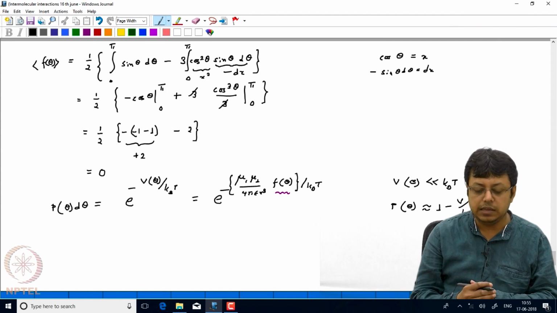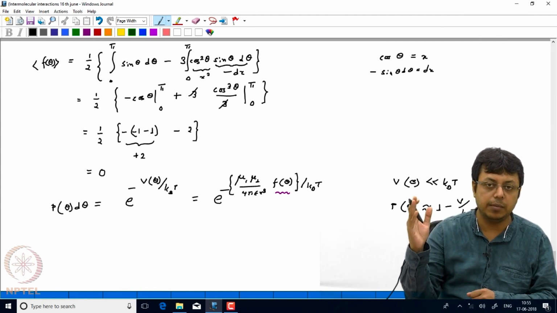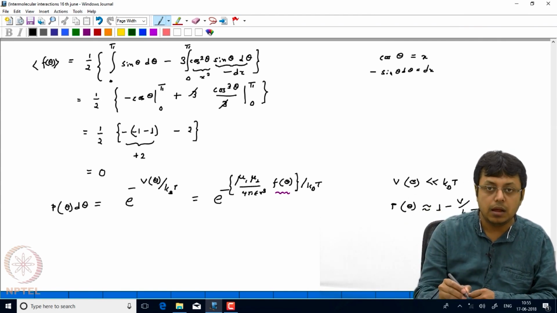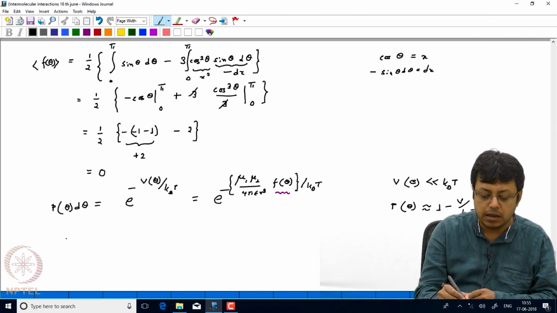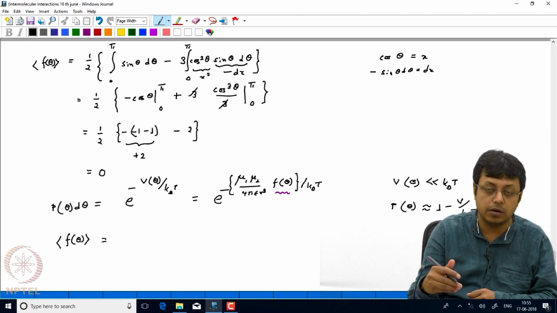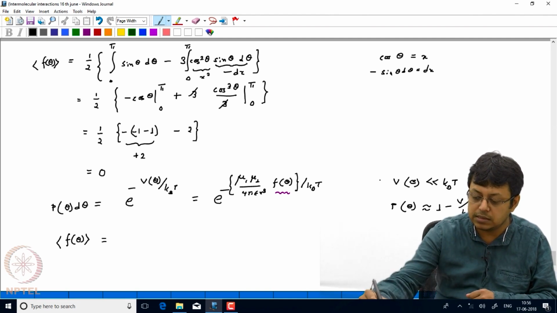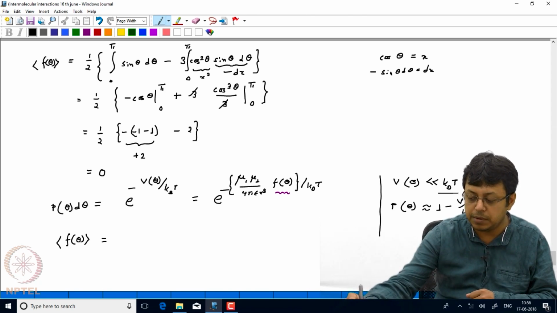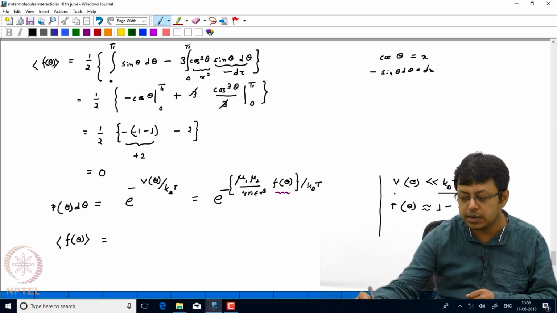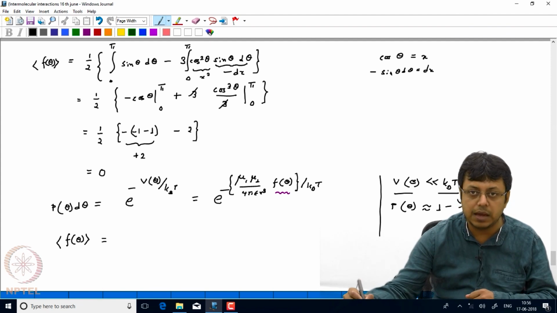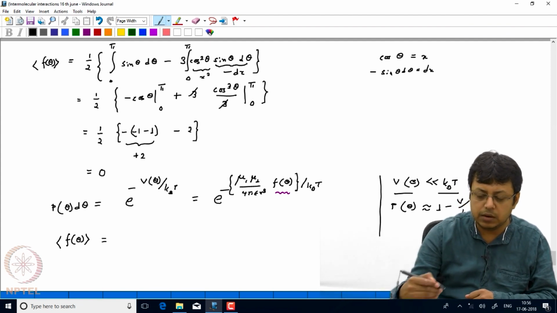So just like we did the averaging for an orientation of a dipole inside an electric field, we can proceed, and if we want to calculate the average of f of theta, including the probability distribution to take into account the Boltzmann distribution of energy, and also using the fact that at very high temperature or room temperature, the potential energy, which is a function of theta, is much less than the average thermal energy, then we can approximate this series of e to the power minus x as 1 minus x, and then we can substitute it.